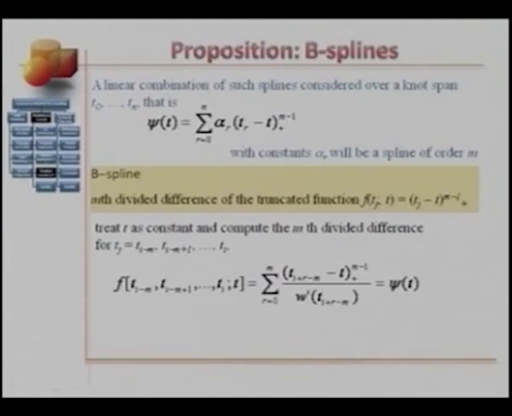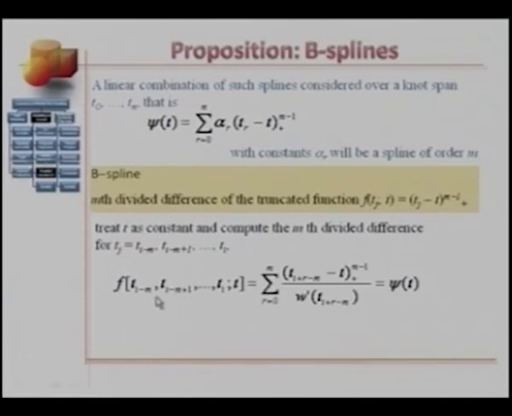And what we are saying as per our proposition is that this expression is equal to psi of t, our B-spline basis function. It's kind of hard to imagine at this time, right? I will gradually show you why this is a B-spline basis function.